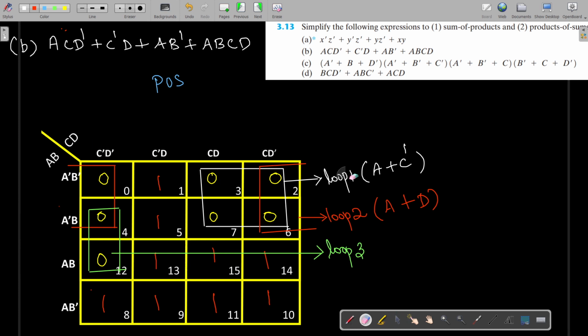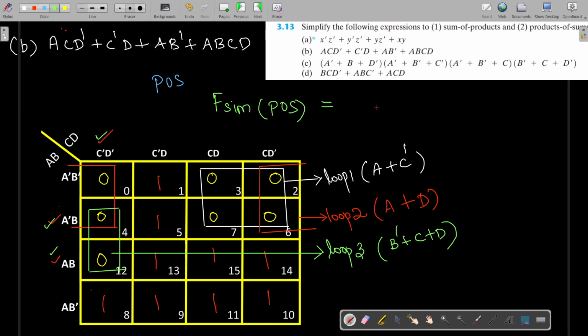So for loop 3 it covers these 2 zeros. So row wise these 2 and column wise this one, right? So it is B along this side, so it is B dash. Here it is C dash, D dash, so you have to write it as plus C plus D. Okay, so they have simplified for this in POS format.